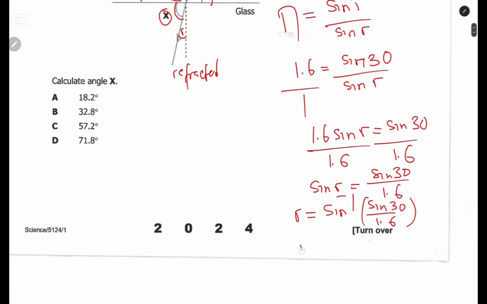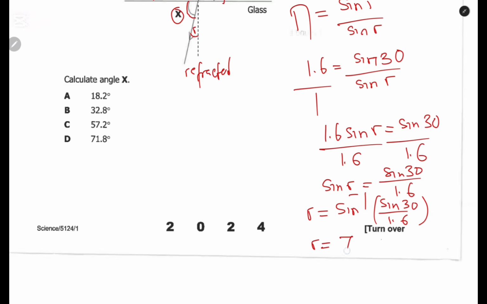If you punch this on the calculator, it is going to give you the angle of refraction to be 71.8 degrees. That is the angle of refraction.